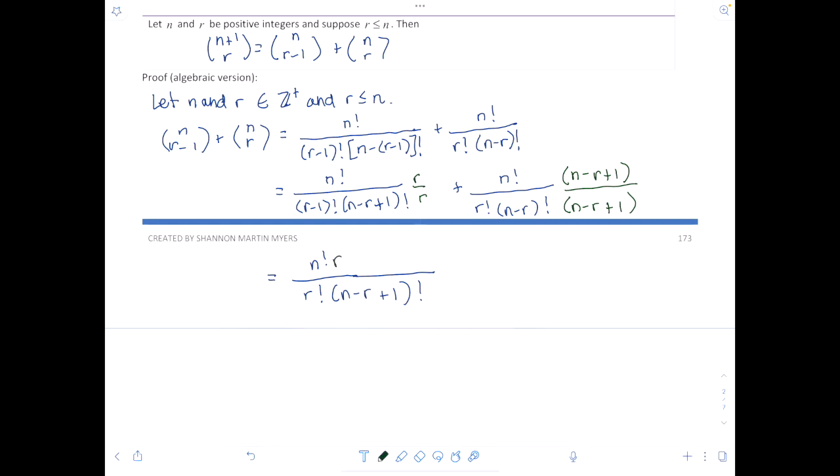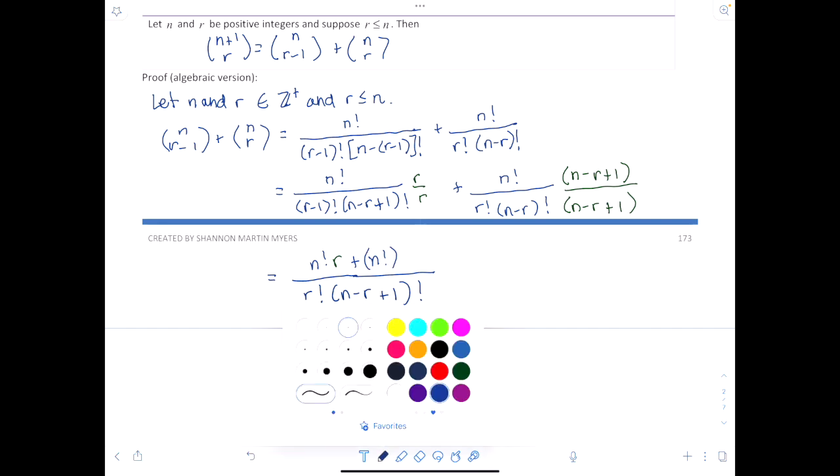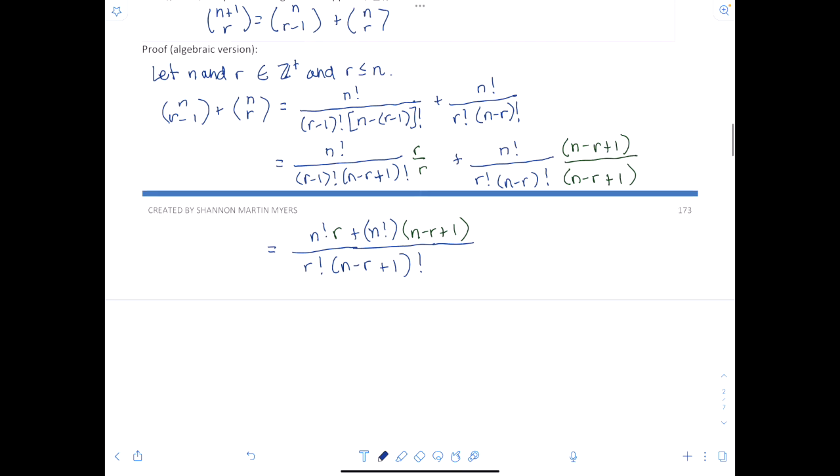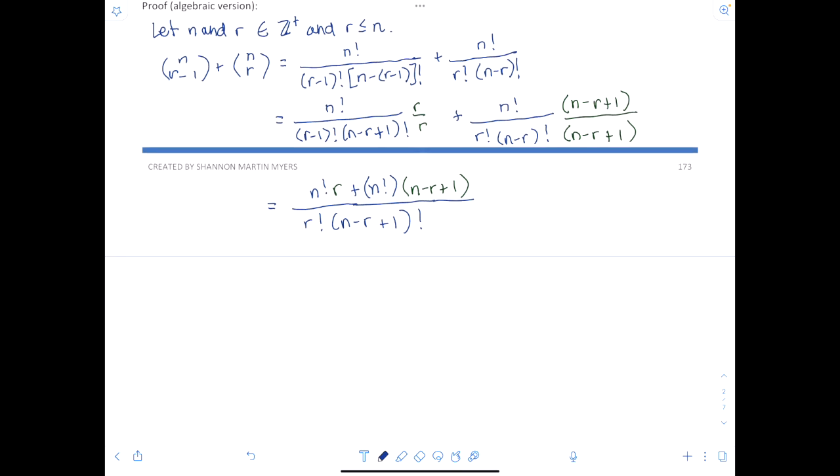So the r was part of getting the common denominator for that first fraction. And then we had n factorial times n minus r plus 1. Cool, cool? All right. So let's take a look at what we have going on.